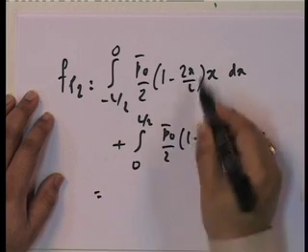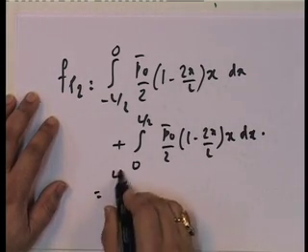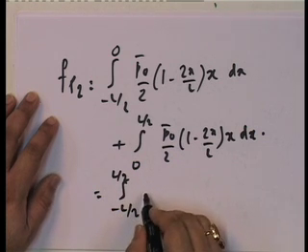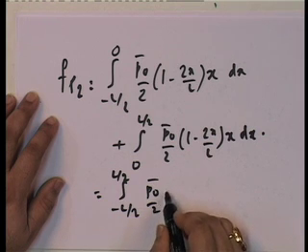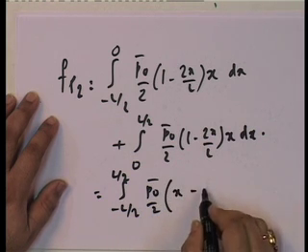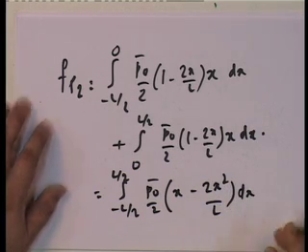So, if you look at this, since these two are identical, what I am really saying is minus L upon 2 to L upon 2 of P naught 2 x minus 2 x squared upon L dx.